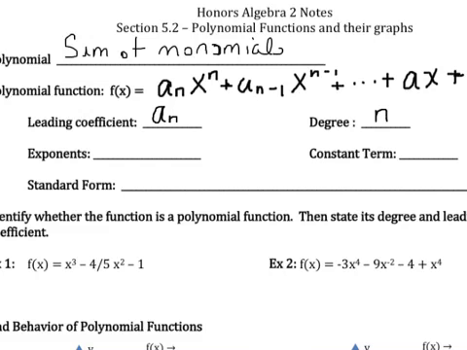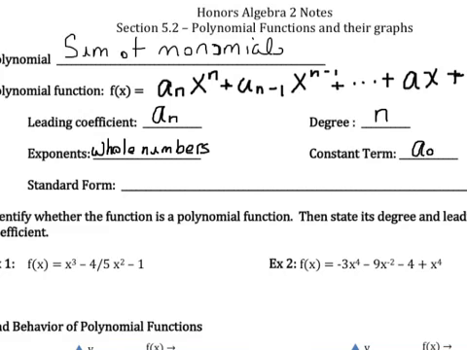Now for this to be a polynomial function, our exponents must be whole numbers. And that means no negatives, no fractions for exponents. And at the very end, our constant term is going to be that little number all by itself with no variable.